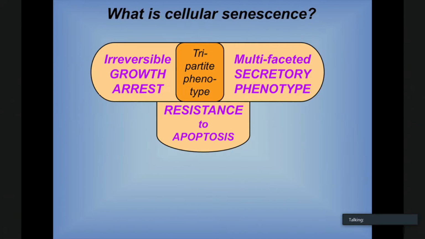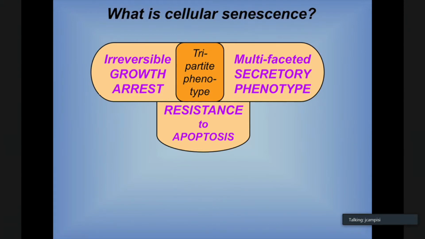And when all 3 are present, we feel confident in saying this is a senescent cell, but there's now a lot of queries as to whether, for example, if a neuron develops this multifaceted secretory phenotype, do we call it senescent, given the fact that it's already irreversibly growth arrested? So these are questions that the field is now grappling with. I don't have clear answers, but stay tuned because I think it will shape how drugs are designed to try to intervene in the process.